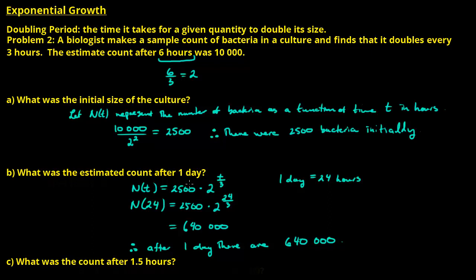And for other reasons, the bacteria would die before that. They would run out of food and resources. That life would be unsustainable for the bacteria. So this function only models the growth of the bacteria for a limited period of time. The bacteria can't continue to double every 3 hours indefinitely. It's just not physically possible.